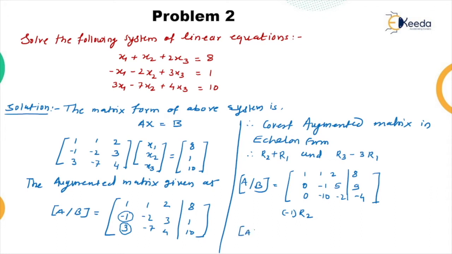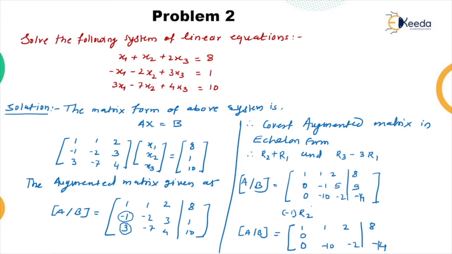So this augmented matrix becomes 1 1 2, nothing is changed in the first row and third row. So this is 0 minus 10 minus 2, and that gives minus 14.